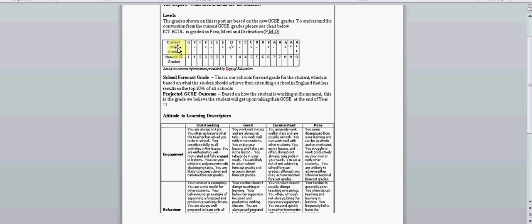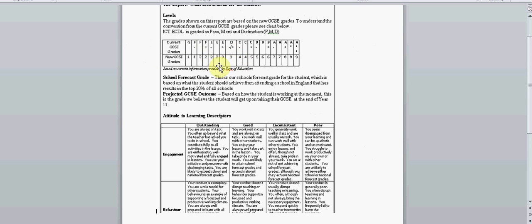So we've got what the current grades are, and then what they will be under the new GCSE grades. I say that with a large measure of caution, as we keep getting updated and the DFE and various bodies keep changing exactly what the equivalences will be.